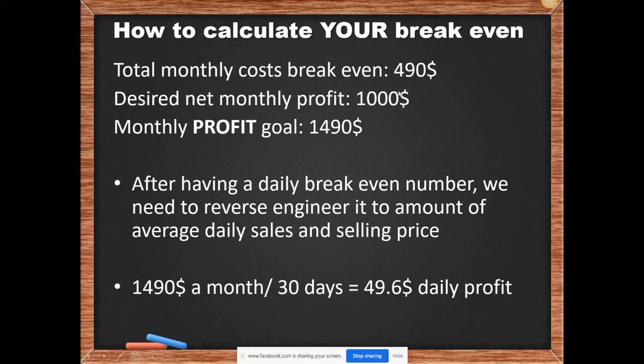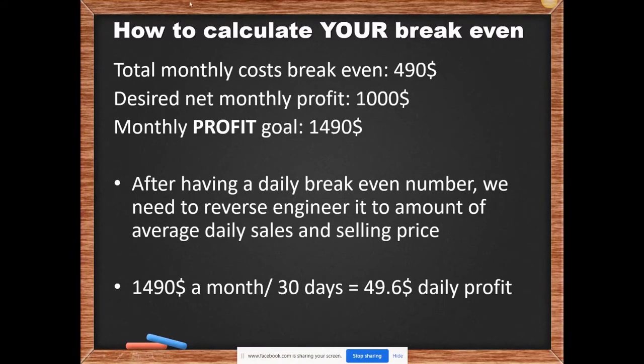So combine the two of them, I need to make in profit, let's call it gross profit because it's not net profit, because my net profit should be $1,000, but my gross profit should be $1,490. Do we agree on that, guys?